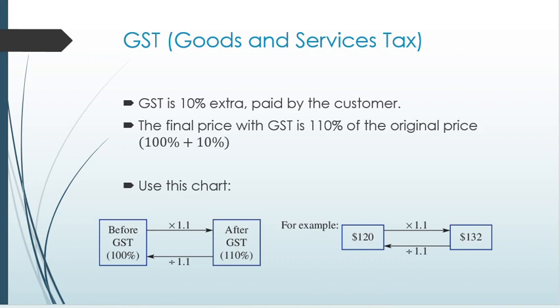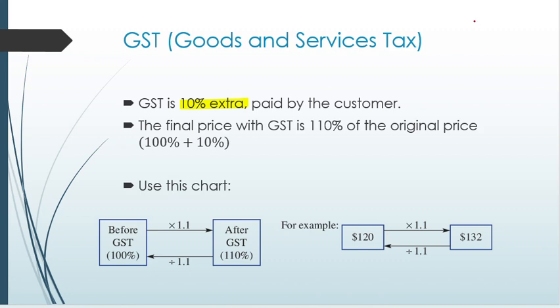The final thing we're going to learn is GST, Goods and Services Tax. So GST is usually 10% extra, and it's paid by us as the customer already. So whenever you go in the shops right now, if you go to Woolies or Coles, whatever price you see on those labels, they include the 10% already.